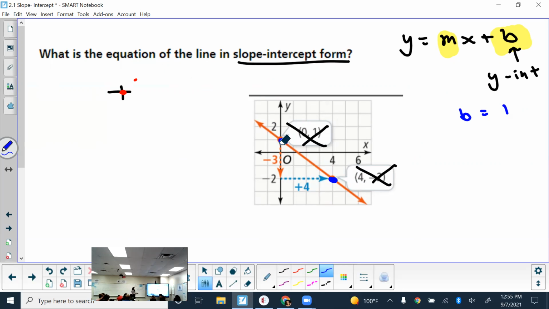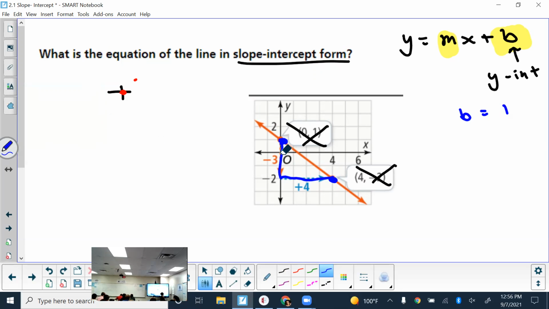All right, once you've identified 2 points that go through a crosshair, draw a triangle. You don't necessarily have to draw a triangle, but this is a really good way to count your rise over run. So connect them with a triangle and then count your rise. How much am I going up or down to get to the next point?